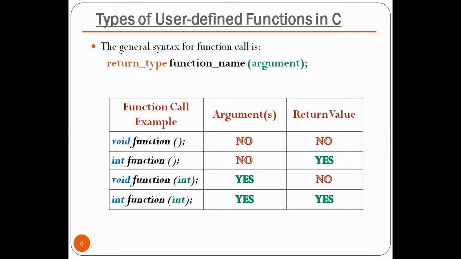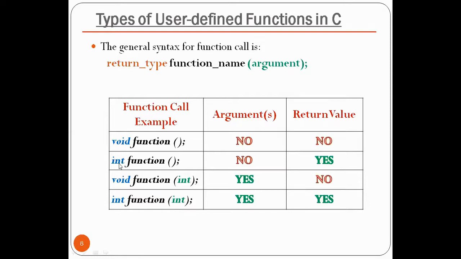Okay, then we have discussed types of user-defined functions. We have seen there are 4 types in which, for example, a void function with no parameters list inside the brackets. So this is no argument and no return value.